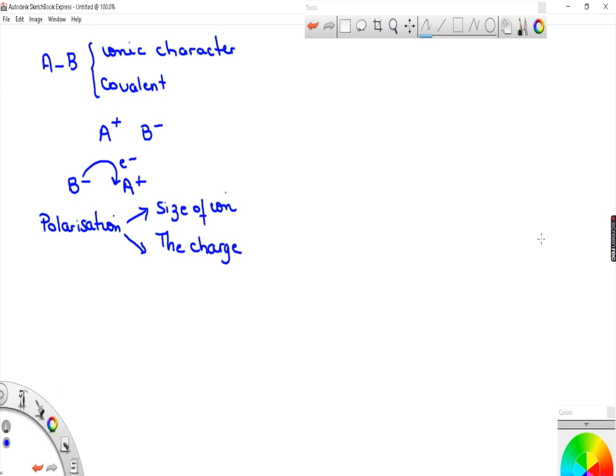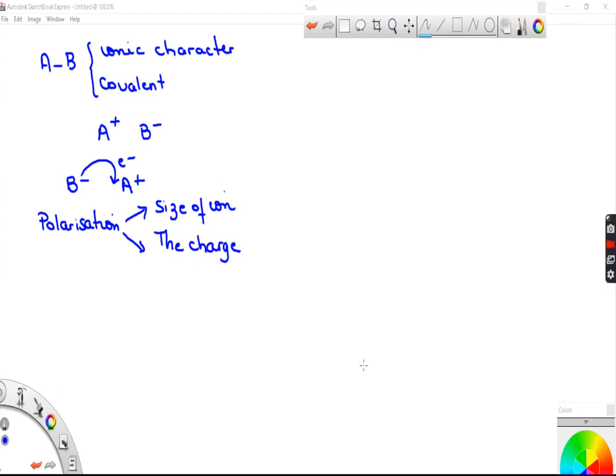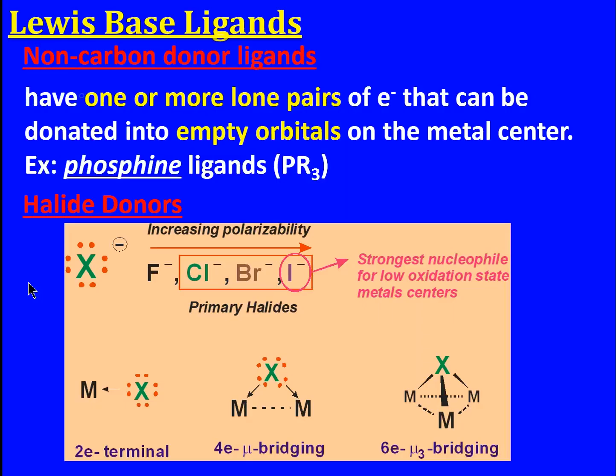For this reason, we study only the donation of L to M, and we study the electron density on M. So the stability of the bond ML depends on the donation of L and the electron density around M. We will study the main Lewis-base ligands, and we start with the non-carbon donor ligands.